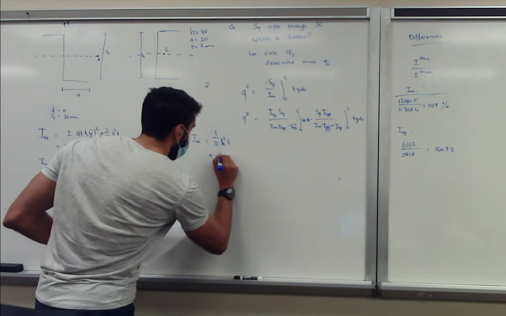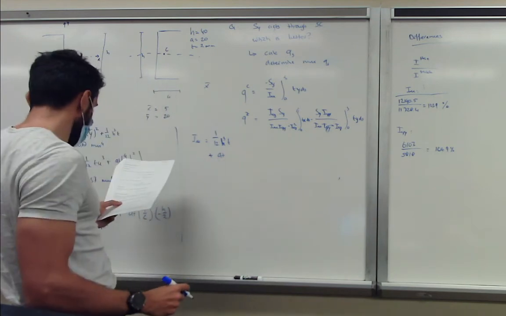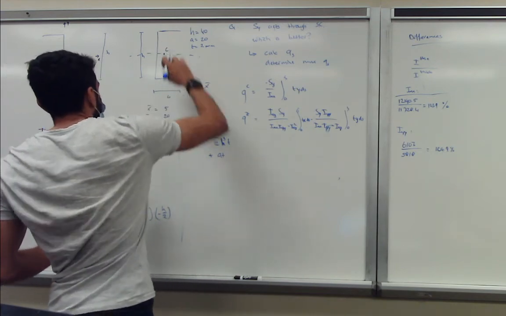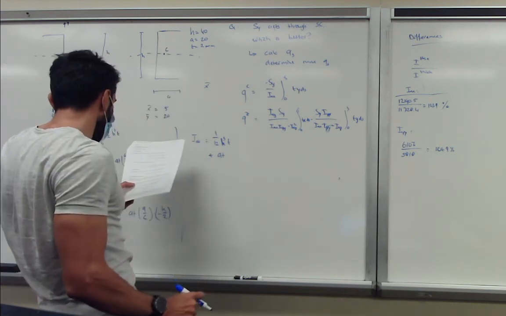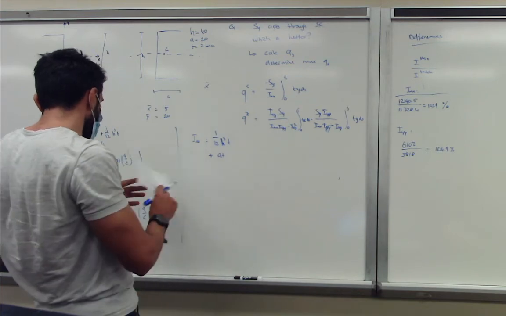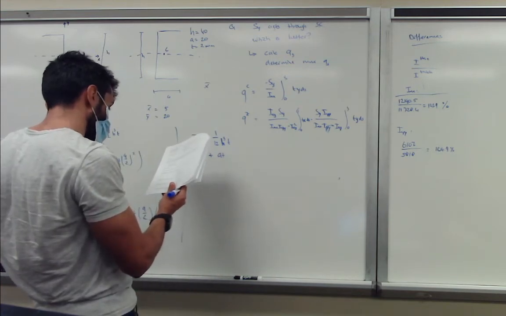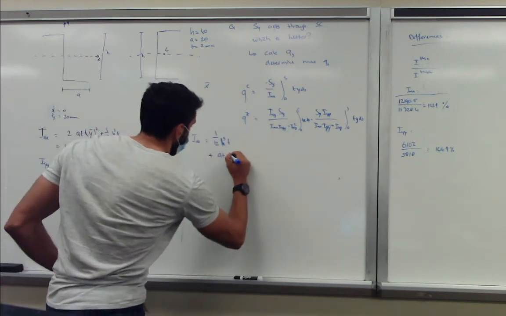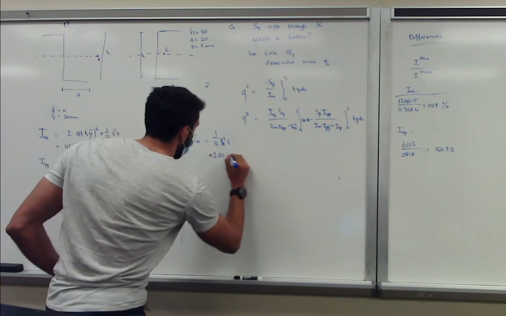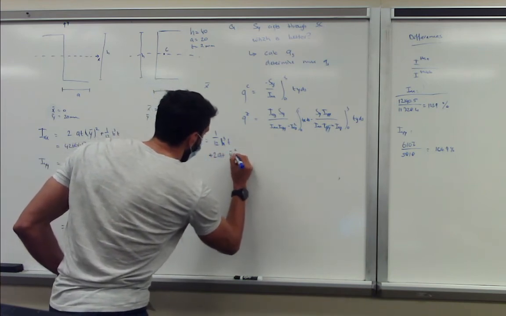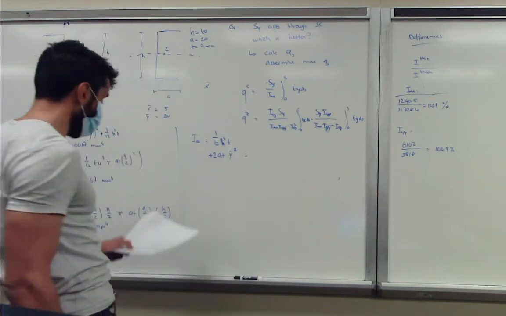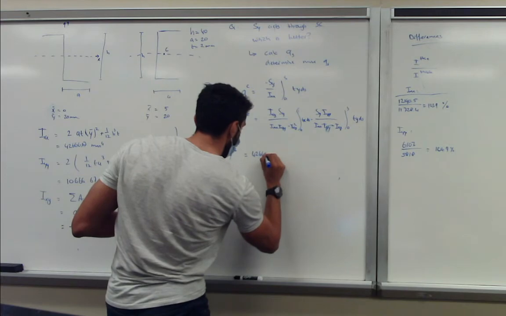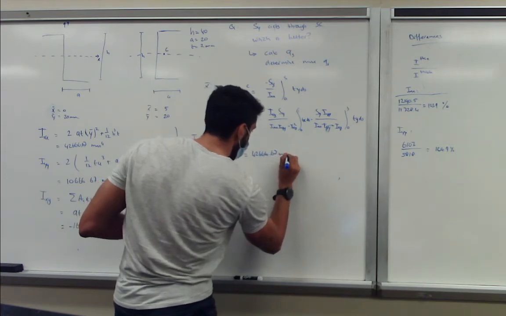That's AT multiplied by the distance towards this axis. No, sorry, the distance towards the Y distance. So in this case, it will be 20 millimeters. So that's Y bar squared. And if you do that correctly, you get 42,666.67 millimeters to the power 4.